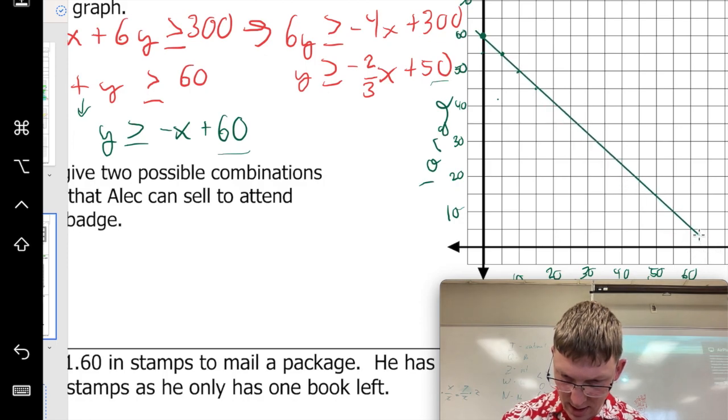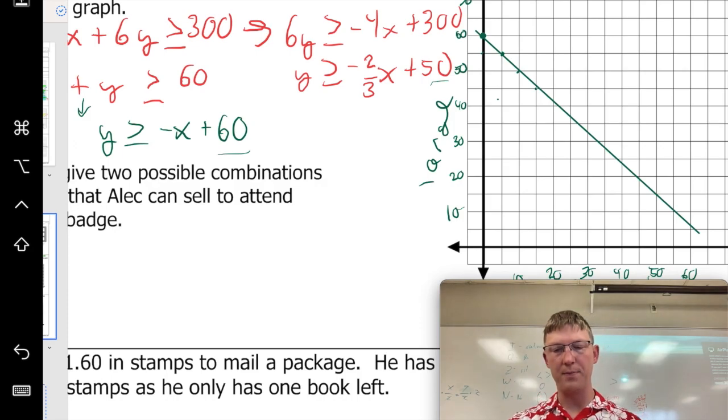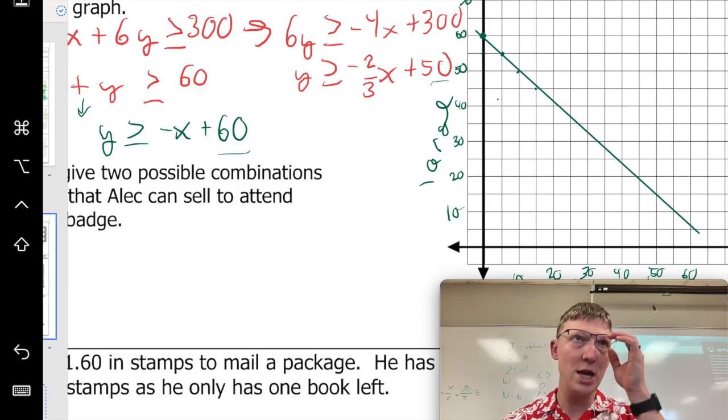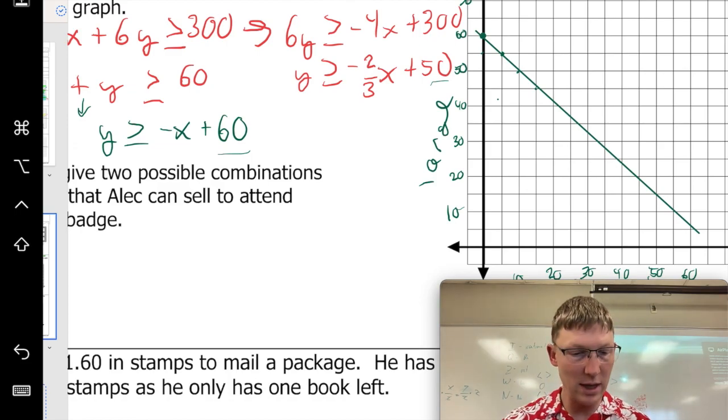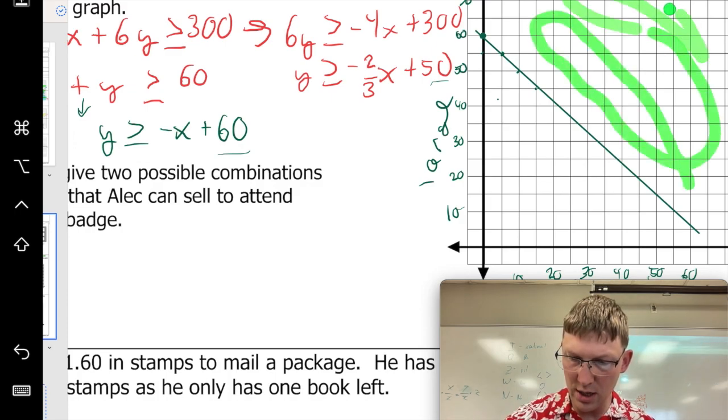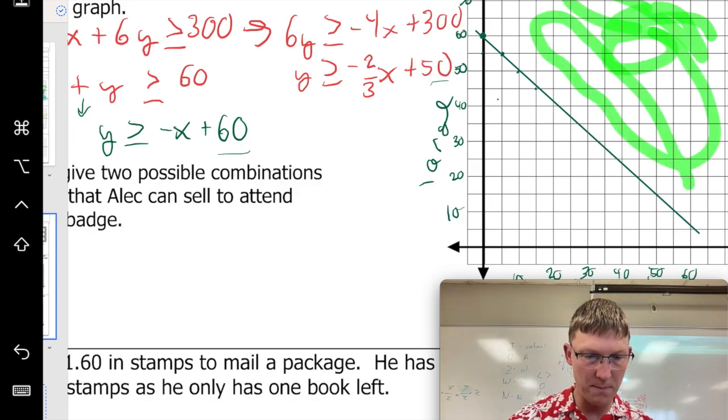Oh, stop it, line. Close enough. So now we should probably shade it. Again, we can just throw 0, 0 back into it. Is 0 greater than or equal to 60? It is not.